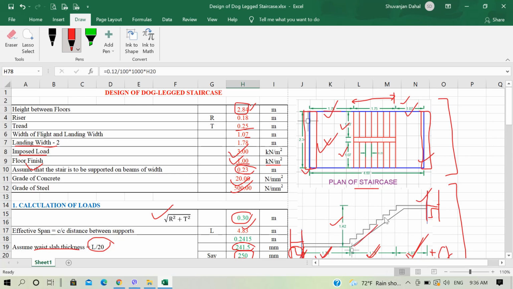Since our waist slab is inclined here, we have to have a horizontal projection of this flight. So for this whole staircase, if you make a projection, you get this horizontal projection here, and this whole distance is termed as the width, or the going, of our staircase. So we are going to find the loads acting on this projected plan, or on this going of our staircase.